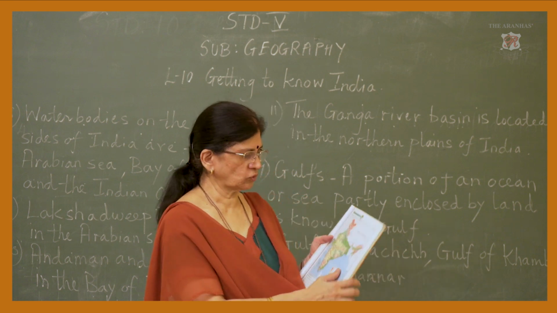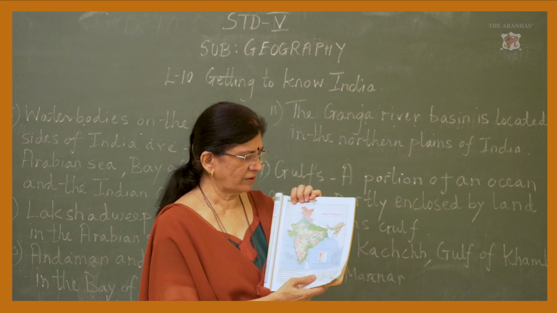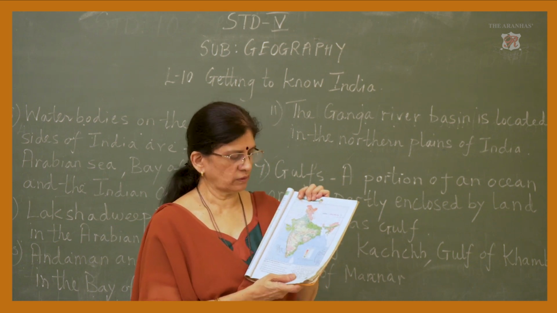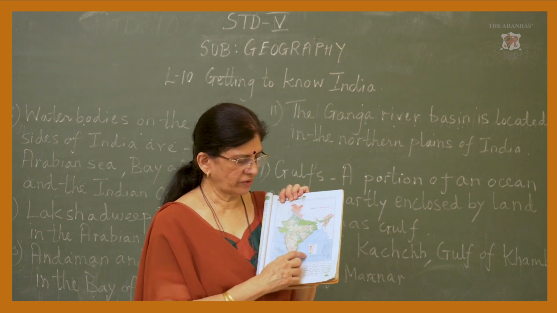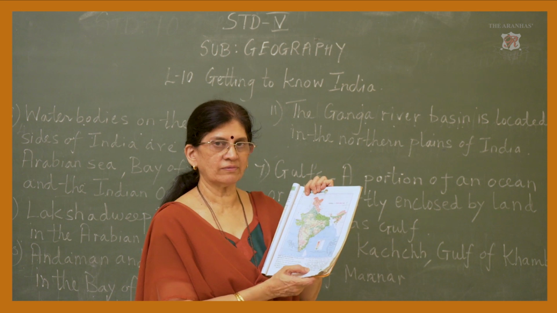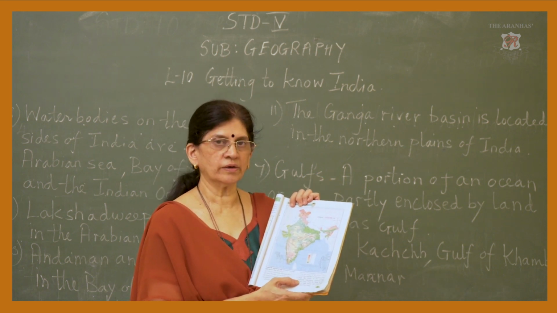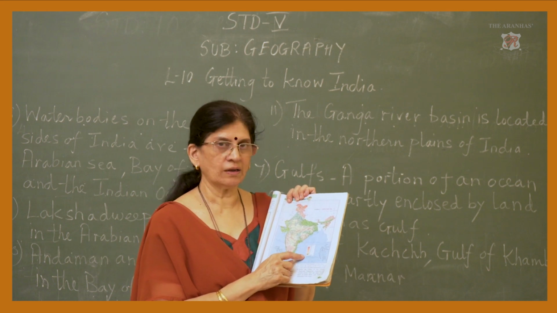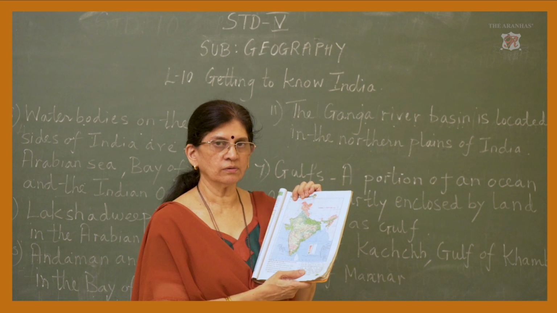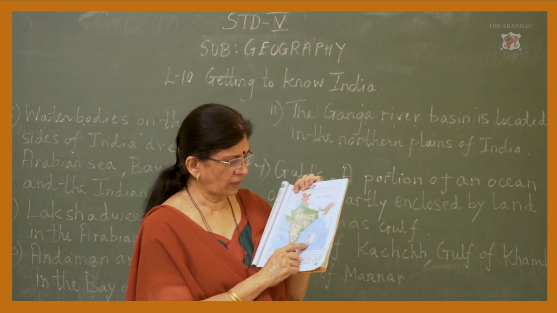Once more I would like to show you the physical map. Whatever names I have given, you can look for them. Is it clear? Here they have given the index to show the height above sea level. In the previous lesson, we learned about the different colors and how the height is shown according to them.